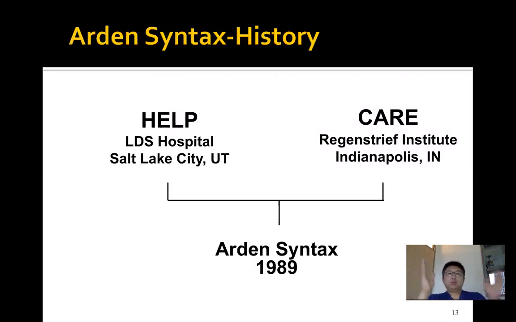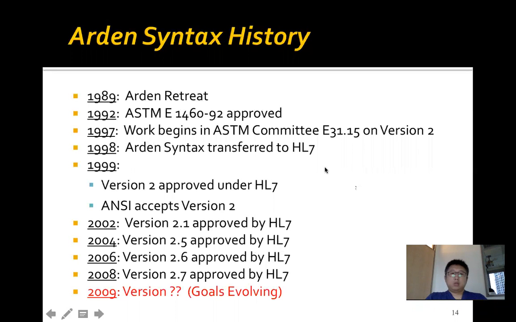Otherwise, you need to write a system for HELP once, then write it again for Care. So the whole idea is they need to isolate that knowledge in an isolated system, which they call the RNA synthesis. We will talk about it more. They had a retreat to talk about setting up the RNA synthesis.